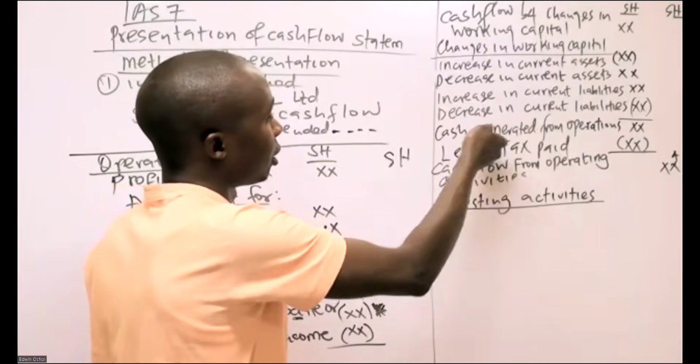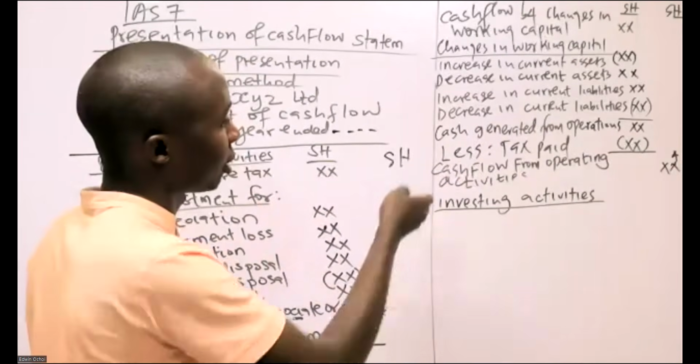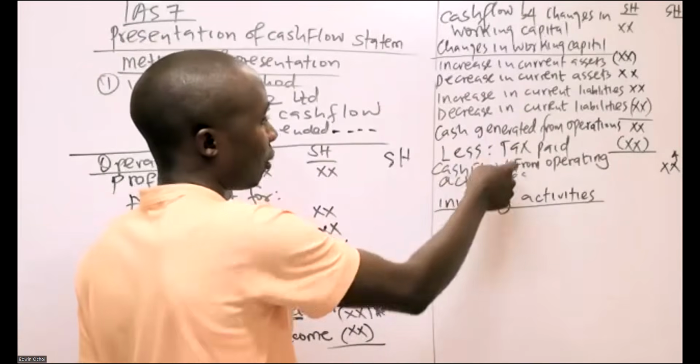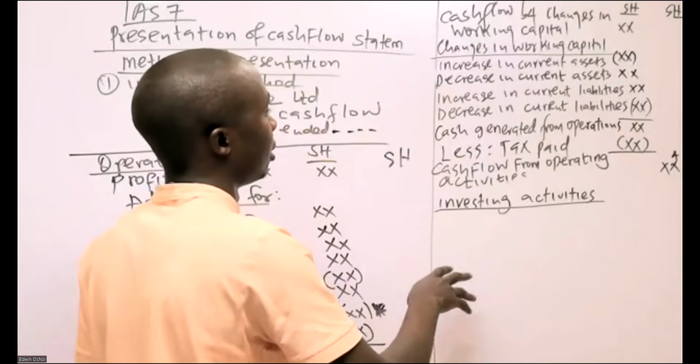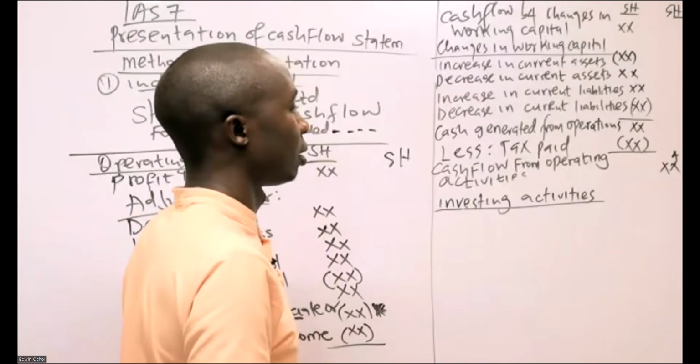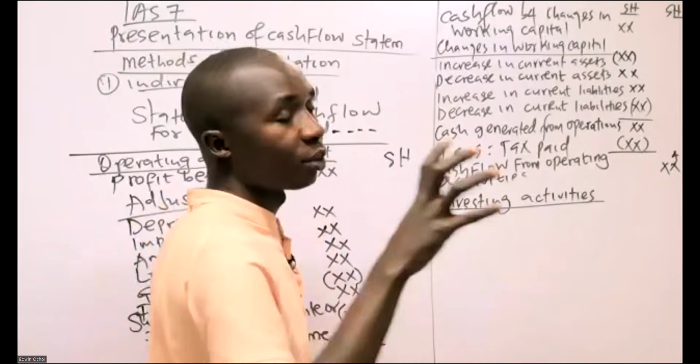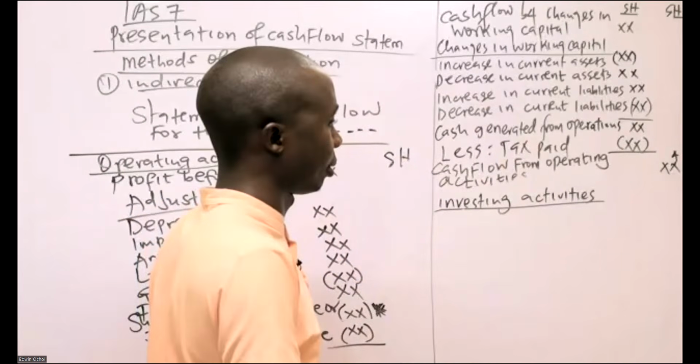So that you get the cash generated from operations, less the tax paid. For tax, you have to check for both deferred tax and the current tax. Then for investing now, I said you focus on the cash generated from the disposal of what? Assets.